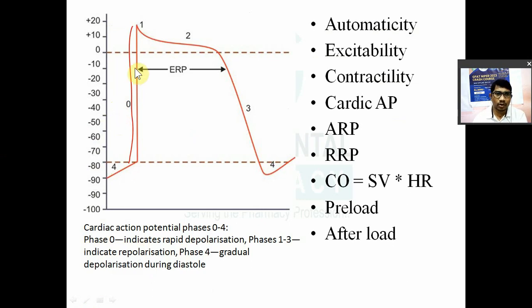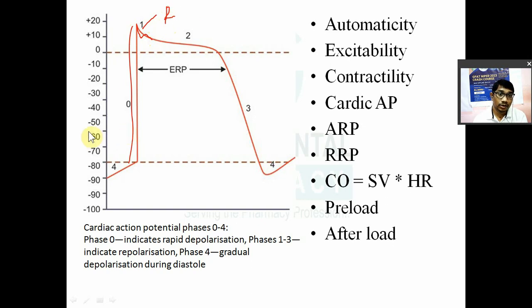After that, as there is a disturbance of potential, your cardiac cell will try to re-establish and control it. So there is again a rapid repolarization, for only a short term. That is why phase 1 is known as rapid repolarization.